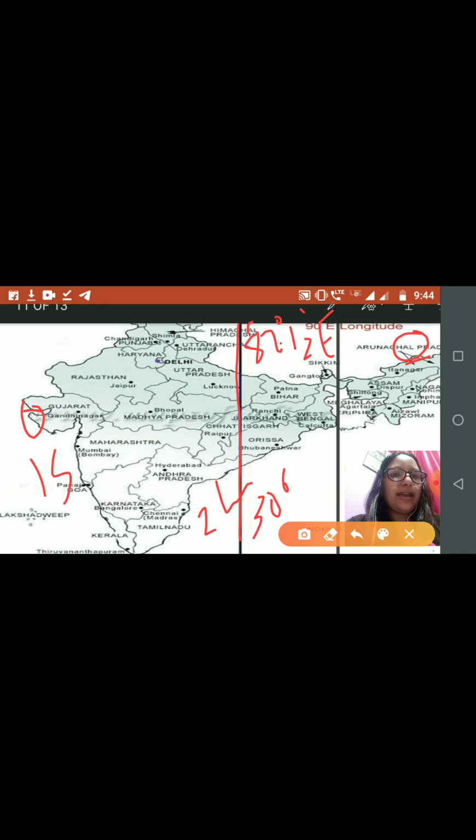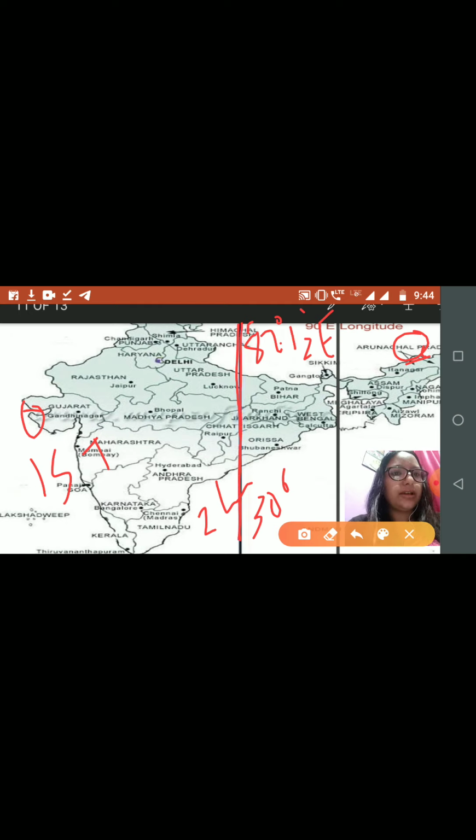IST is 5.5 hours ahead of Greenwich Mean Time. So for the sake of uniformity, because we have a 30 degree longitude between our eastern and western ends of the country, to maintain the uniformity we have the Indian Standard Time.